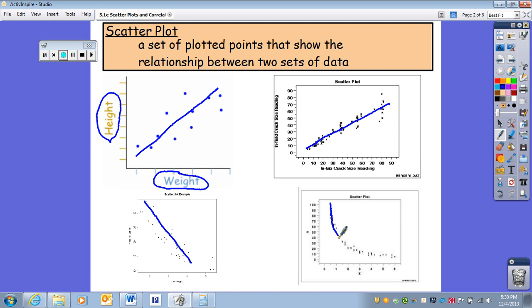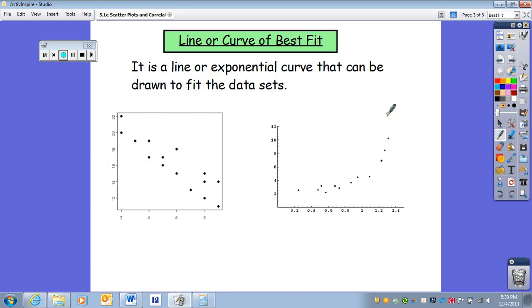Since we just had our last unit on exponential growth and decay, we'll take a look at those types of graphs. The line or curve of best fit is a line or exponential curve that can be drawn to fit the data set, and we are going to use that line or curve to make predictions about data that will be coming.